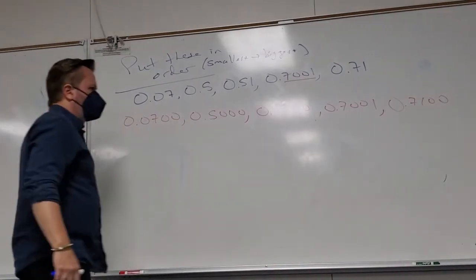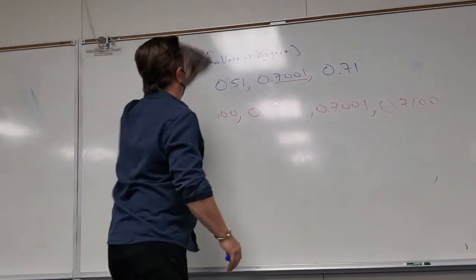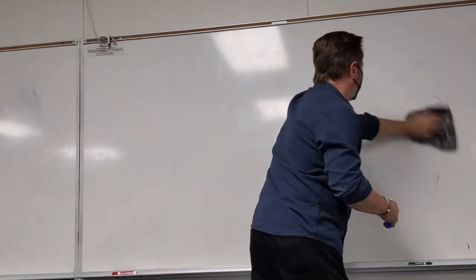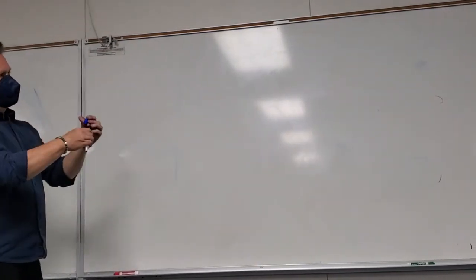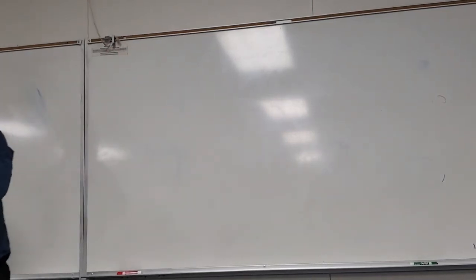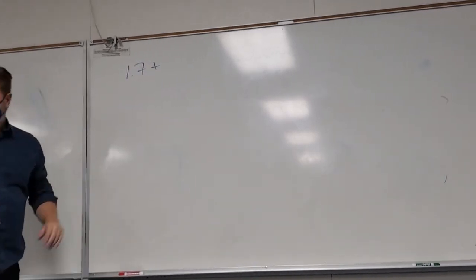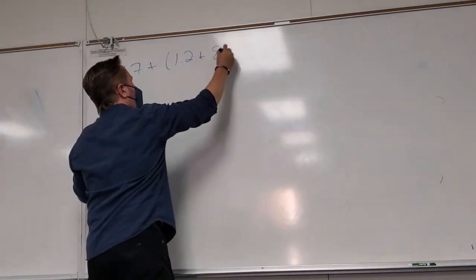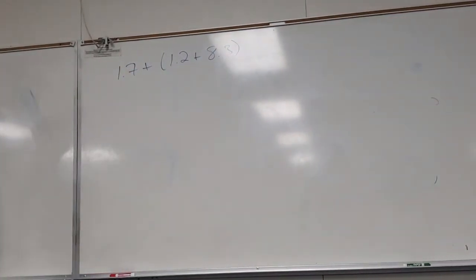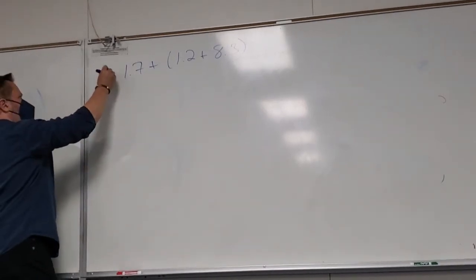Now, here come some old favorites back. For example, if I had to add 1.7 plus 1.2 plus 8.3, what's the idea you think we could apply here?